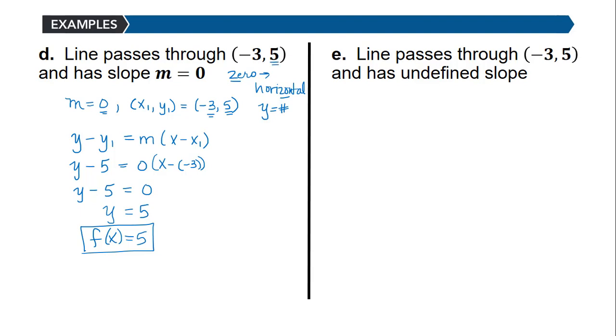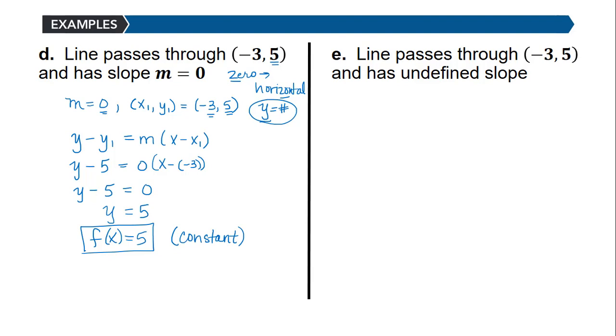So just from looking, we could have known that this equation is going to be of the form y equals some number, and that is y equals 5. This is an example of a constant function, if you recall. The y value is 5 regardless of the x value.